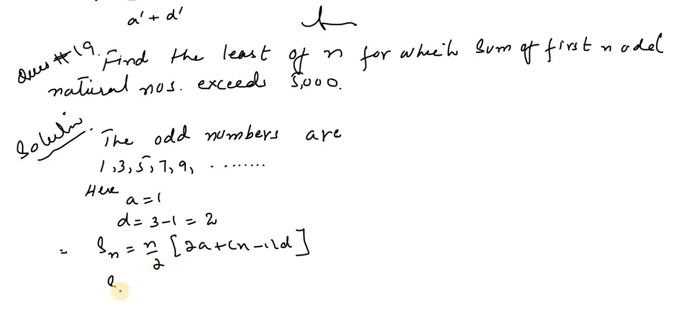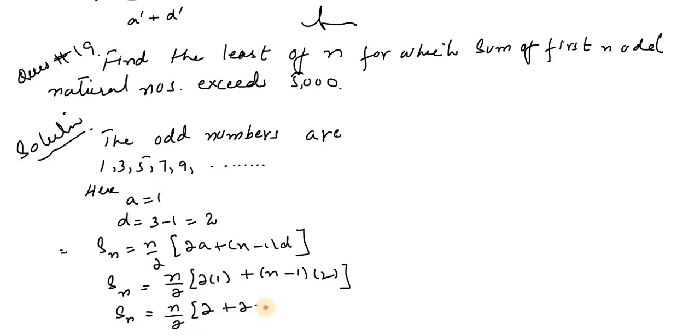So we put the values: n upon 2, a is 1, plus n minus 1 and the difference is 2. The sum of n odd natural numbers is n upon 2 into 2 plus 2n minus 2.